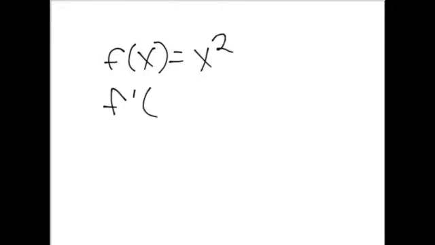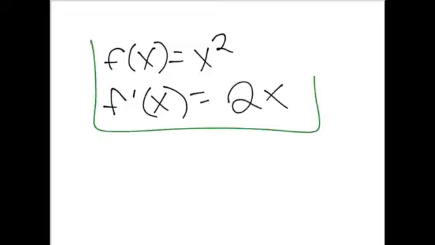So if you want to rewrite this, f of x equals x squared, and f prime of x, or the derivative, which you just found here, is 2x. Now, if you want to find the slope at a specific point, let's say our point is 2, right?